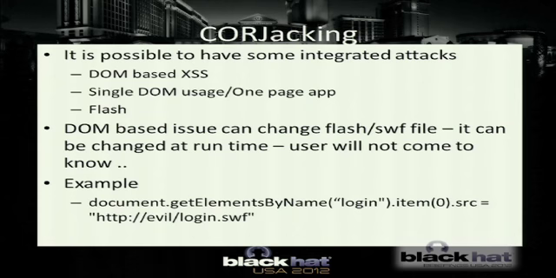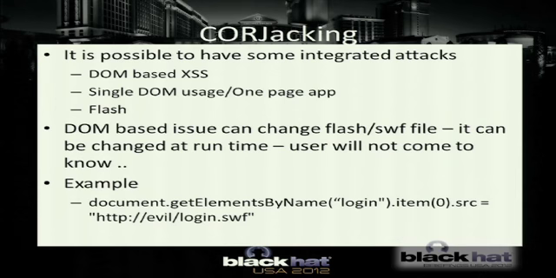For example, you have a SWF file which is a flash file running on your application. An attacker can find the actual place of that SWF file by document.getElementsByName login item 0 src, and then say, okay, instead of this, load this SWF file. Then you are doing the cross origin resource extraction.